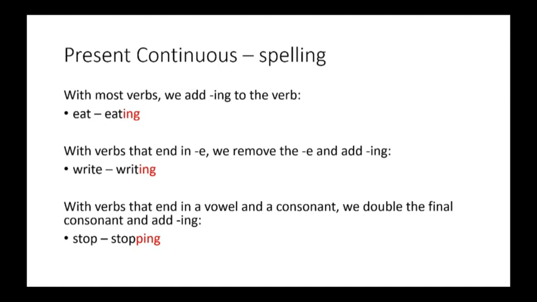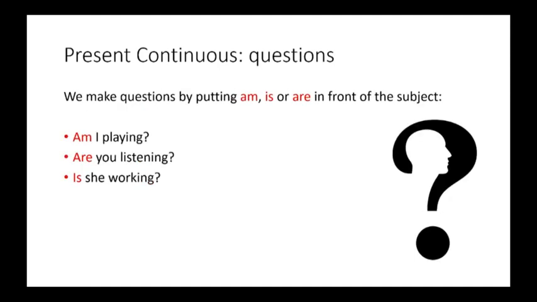Okay, so let's take a look at questions now. How do we make questions? Well, for questions in English, we usually need an auxiliary verb. And do we already have an auxiliary verb? Yes, we do. It's the verb be. Am, is, or are.